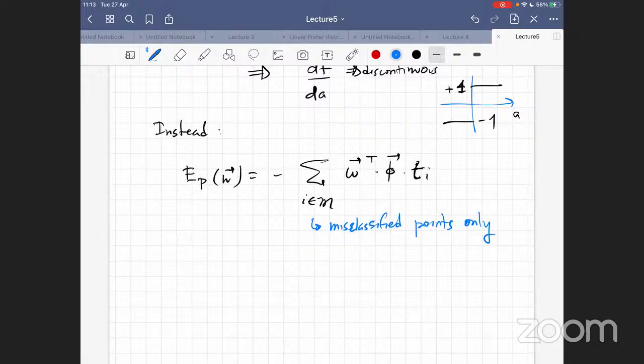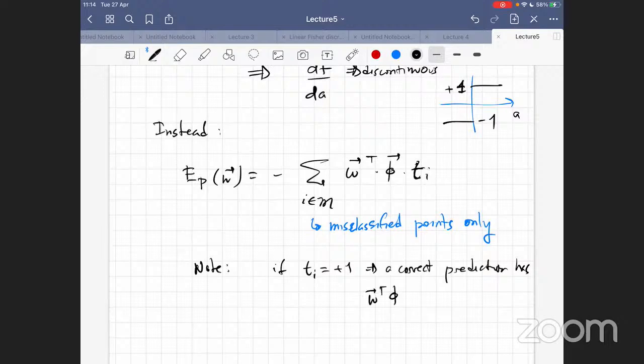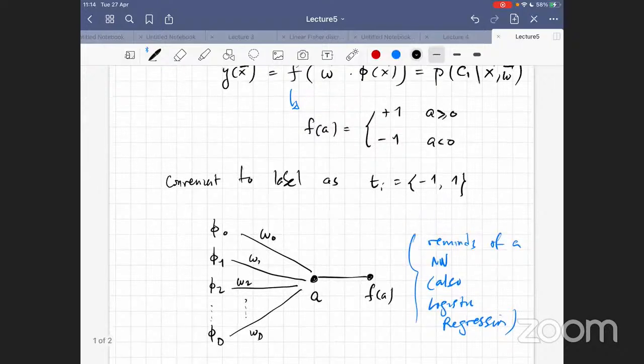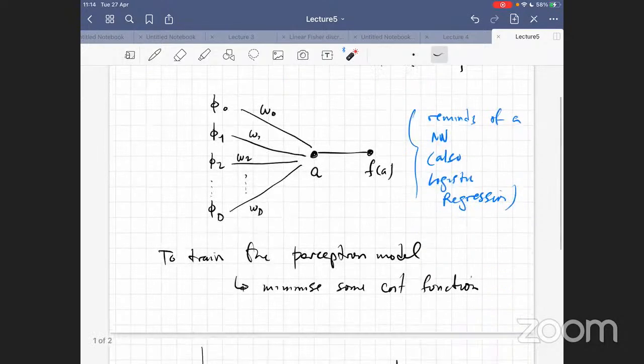So why this class function? Let us understand this class function for a second. So if ti is +1, then a correct prediction has this larger than 0, because I'm saying that if I have larger than 0, I have +1 here. So the argument of f should be larger than 0.